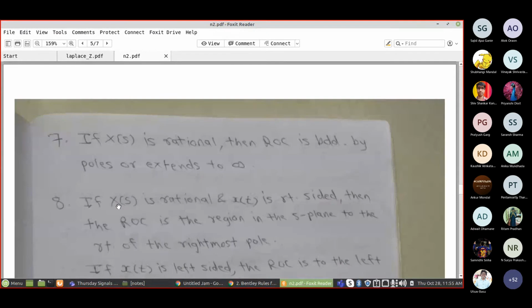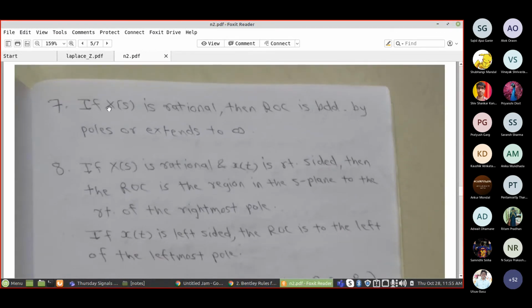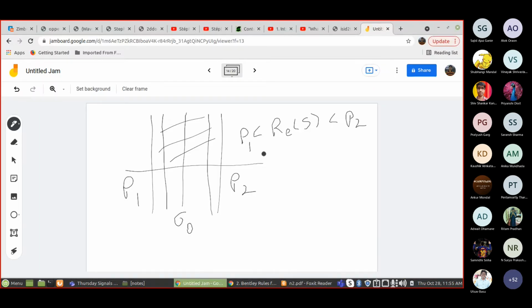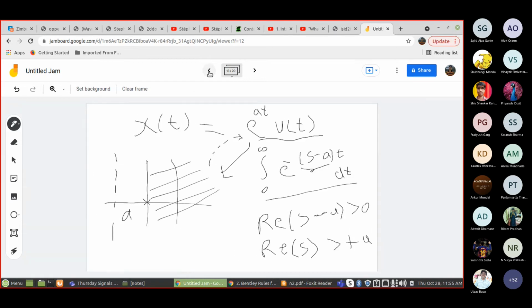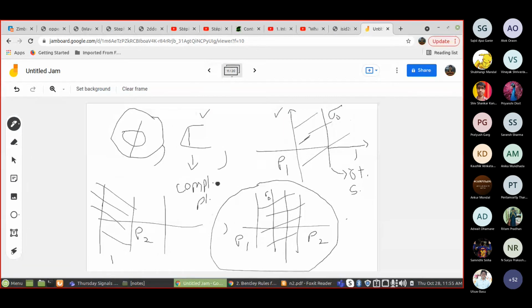Okay, so let's go to the seventh one. If X of s is rational, then the ROC is either bounded by poles or extends to infinity. So this is again the same thing; it is one of these five types. For right-sided signals, it extends to infinity. For anti-causal signals, it extends to minus infinity. For two-sided, it is bounded by the poles, and it can be empty or the entire complex plane also.